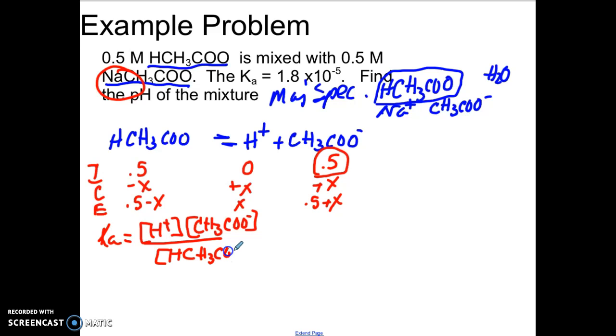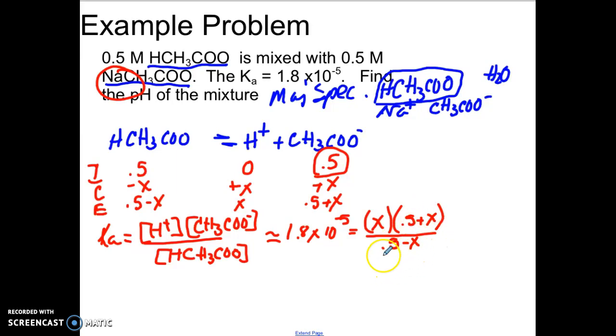Now when we put in the information, 1.8 times 10 to the negative 5, that's the Ka, is equal to X, the hydrogen ion concentration, times 0.5 plus X over 0.5 minus X. Because of the 5% rule, we can ignore X, since the amount of dissociation is not going to be very much.